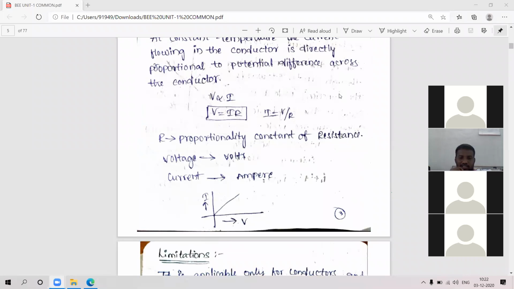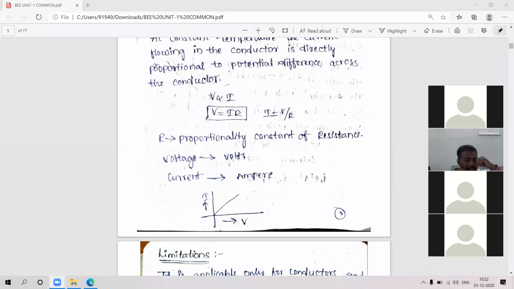Okay, so that is the graph we can see. Just now we discussed that V is directly proportional to current, meaning it is obeying Ohm's law. Voltage is on the x-axis, current is on the y-axis. As I increase the voltage from 0 upwards, you can observe the current also increasing.